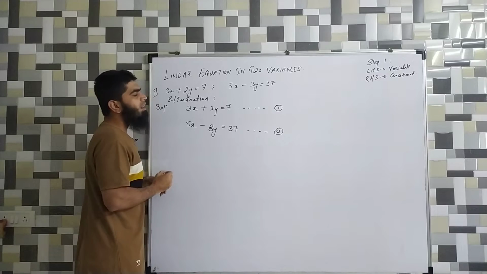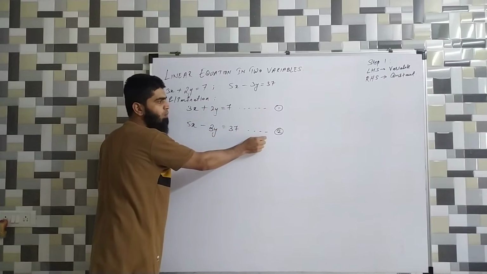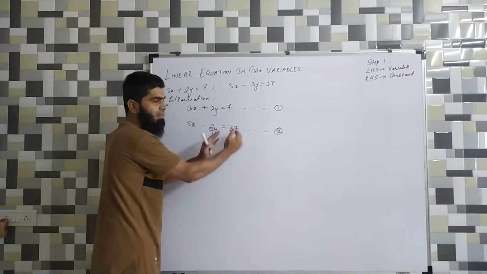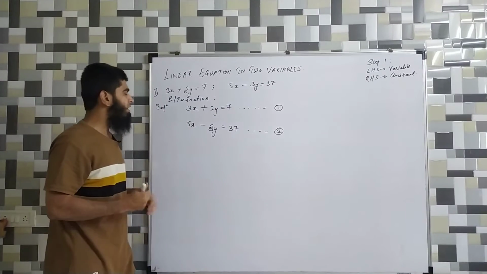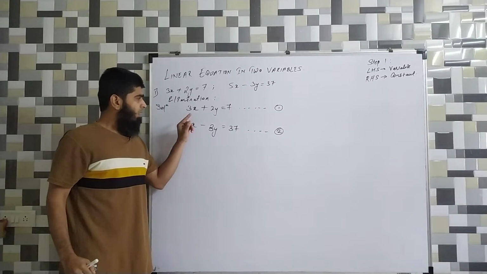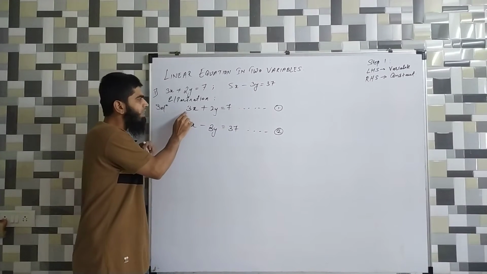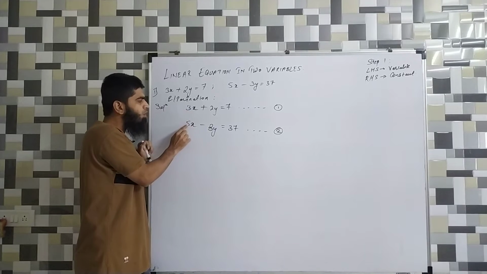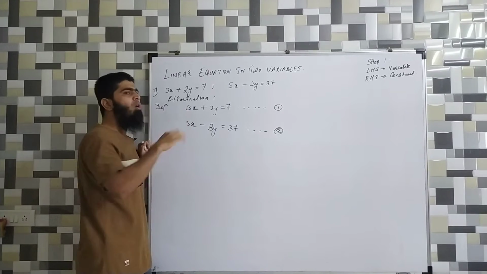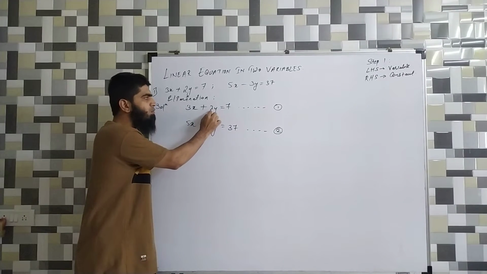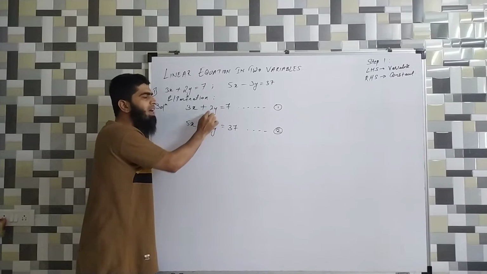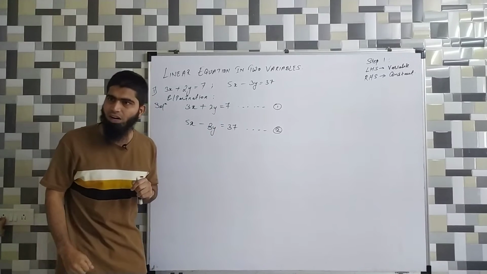Now, once we are done with writing both the equations in a proper format, in step number 2, we will try to make either the coefficient of x the same, or the coefficient of y equal. Are you getting this?